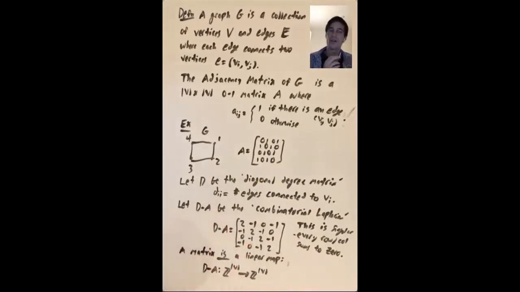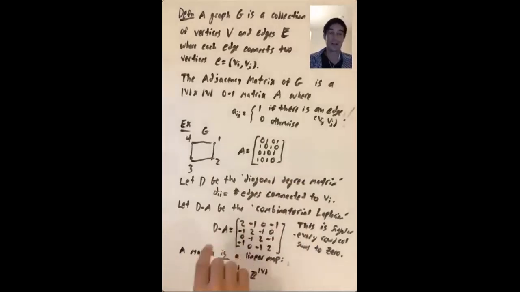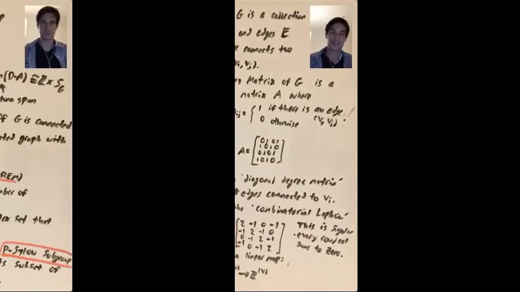There's this whole field of spectral graph theory, where you try to understand graphs by taking things like the adjacency matrix, the combinatorial Laplacian, and looking at eigenvalues and eigenvectors. So I want to zoom in just on this map, and I'm going to pause and erase, and then I'll tell you the sort of group theory problem that is the last example that I want to talk about here.